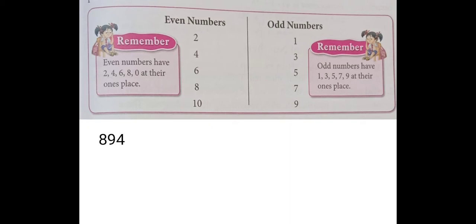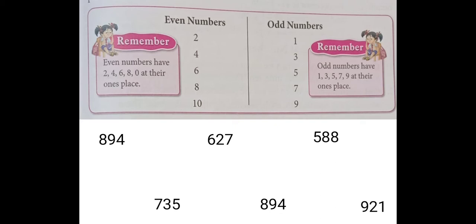Now I have taken a few numbers, that is 800, 627, 588, 735, 894 and 921. So the numbers which are having 2, 4, 6, 8, 0 at the ones place are even numbers.